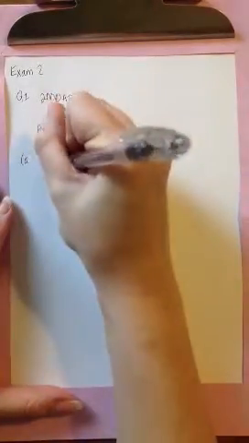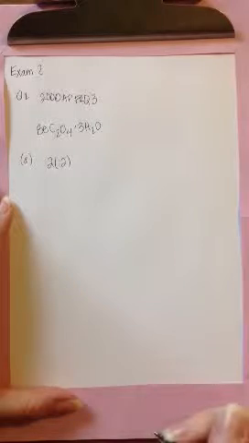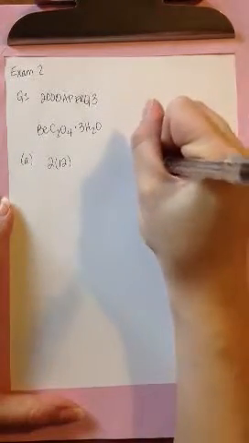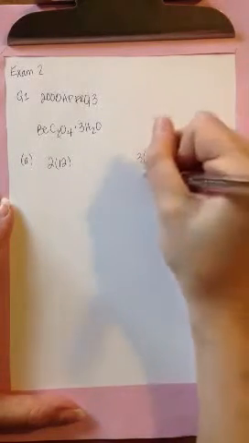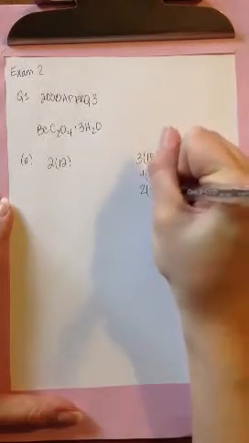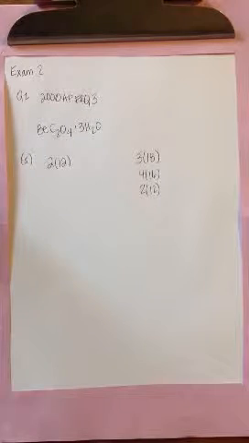So there's 2 carbons, each carbon is 12, and I have to find the molar mass of the whole thing. So looking at this, 3 waters, that's 18 for each water. There's 4 O's, that's 16 each. 2 C's, that's 12 each. And Be, I'm going to have to look up.